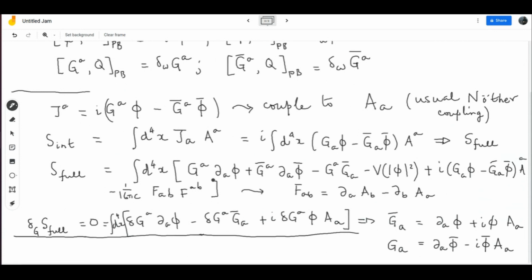So when I do a variation with respect to phi, I'm simply writing down the answer, minus del A G A. I'll get that from this term, nothing from here, nothing from here. I'm doing a phi variation, mind you. From here, I'll get minus V prime phi bar, right? And from here, if I do a phi variation, I'll get plus I G A AA. So that is equal to 0.